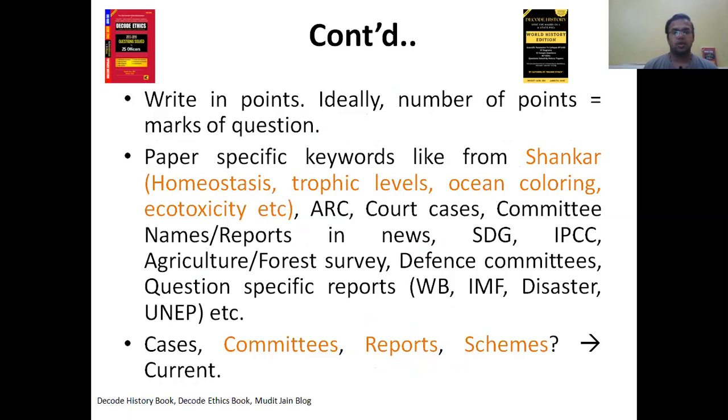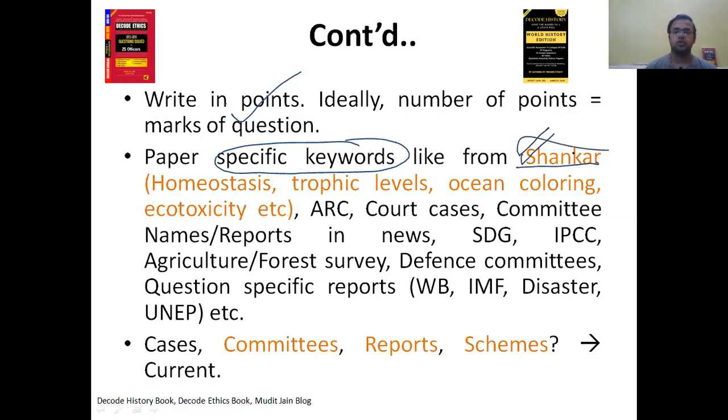So again, the same point that we'll write in points. Paper specific keywords. I told you about making notes from Shankar for static topics in agriculture. Same goes for preparation of environment as well.